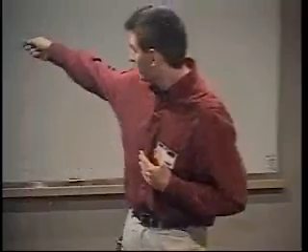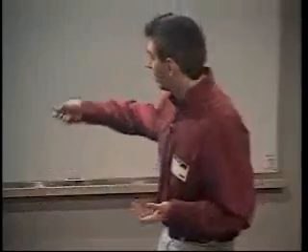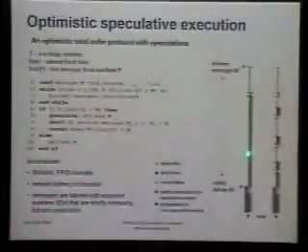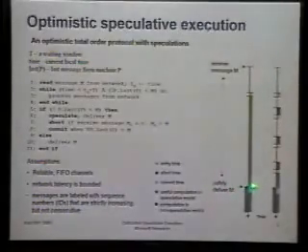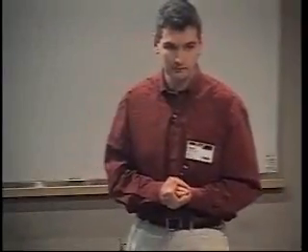If in this safe period of time you don't receive any other message that invalidates your assumption, then the application does useful computation, and when you receive confirmation that this was indeed the message that was supposed to be delivered, you commit the speculation and you let the application do some more useful computation. So in this case, you actually gain some useful computation by executing optimistically.